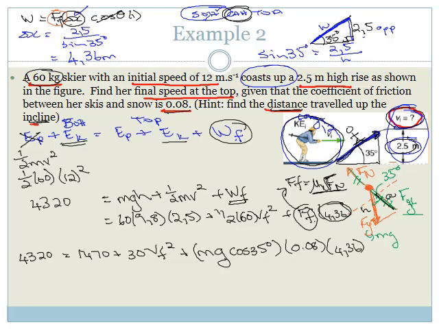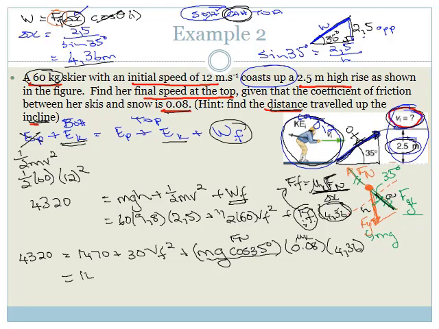I hope you're following that this is F delta x, okay? Force of friction times delta x. The delta x we worked out over here is 4.36 meters. And now the force of friction is mu k times the normal force. So this here is Fn times the mu k. Right.